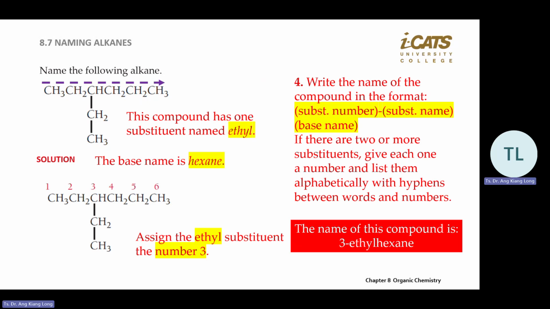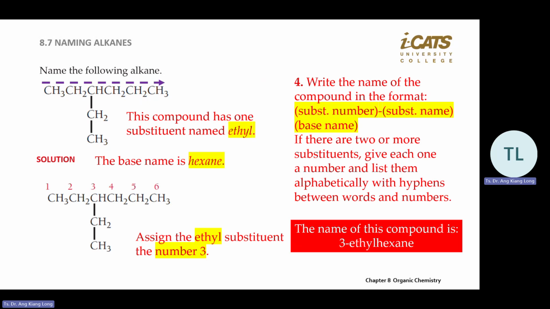Then you look at the branch, count from both ends. So in this case, you count from the left, carbon number 1, carbon number 2, carbon number 3, and then branch out. You count from the right, carbon 1, carbon 2, carbon 3, carbon 4. You choose the lowest number first, and not number 4. It's not 4-ethyl, it's 3-ethyl, because you always count from the lowest number carbon.